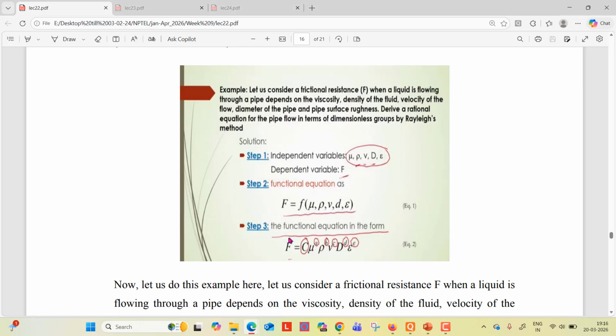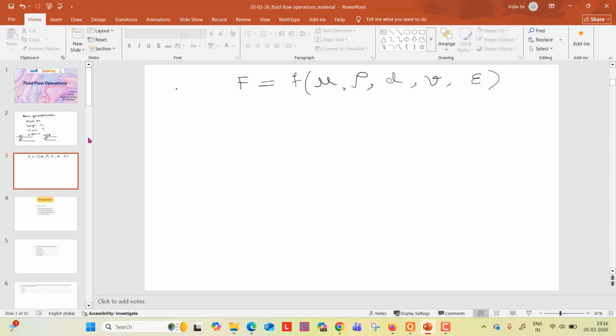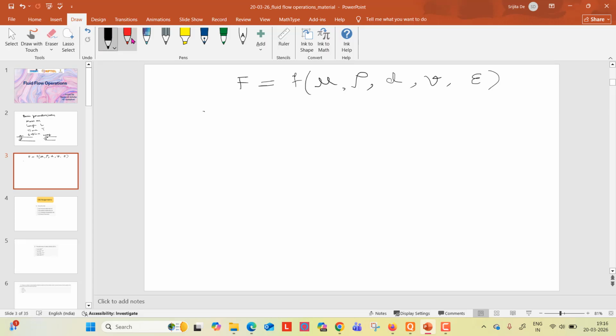Now they define the functional equation, taking a constant. So that means I am doing the Rayleigh method of non-dimensional analysis.